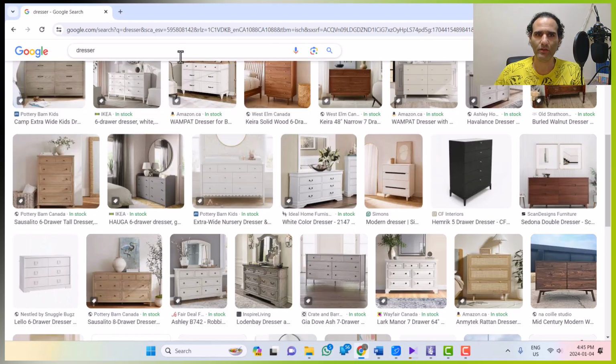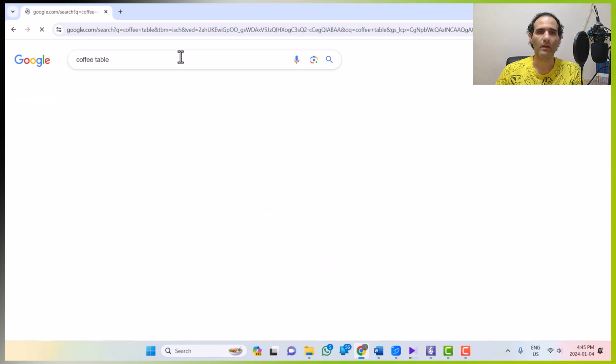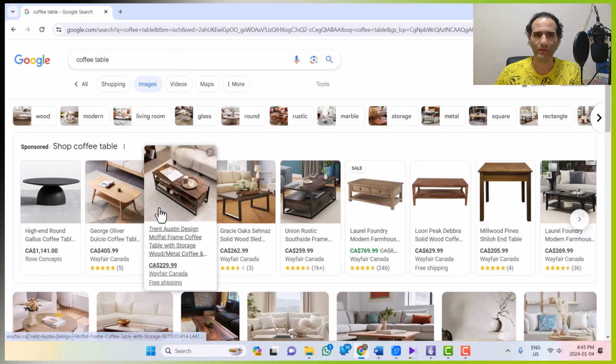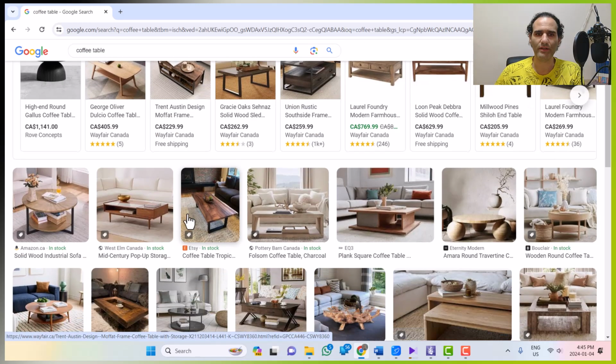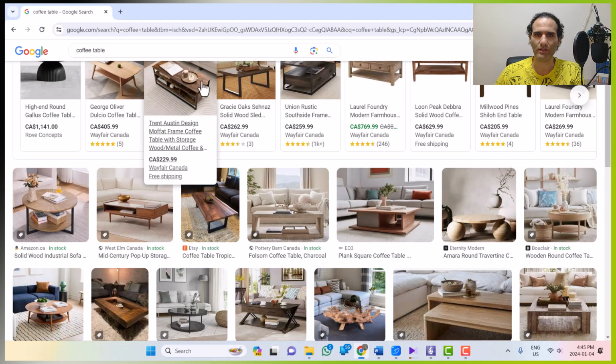Coffee table, you know what kind of table it is? This is a coffee table, the one in front of the sofa. We call it a coffee table. So it goes into the living room. Shower, you know, mattress.